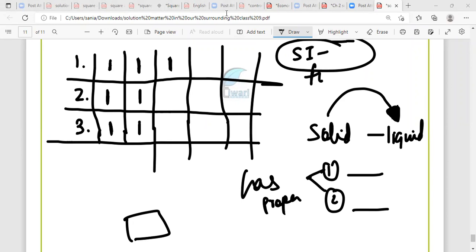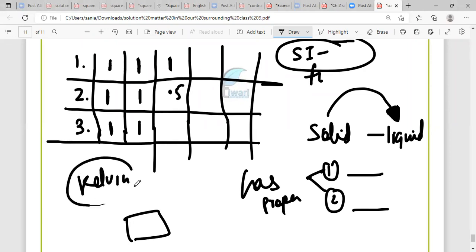So basically, the SI unit is Kelvin. Why Kelvin? Because Kelvin is the SI unit. You can measure temperature in two forms, degree Celsius and Kelvin. But when I talk about SI unit, you are going to only mention Kelvin.